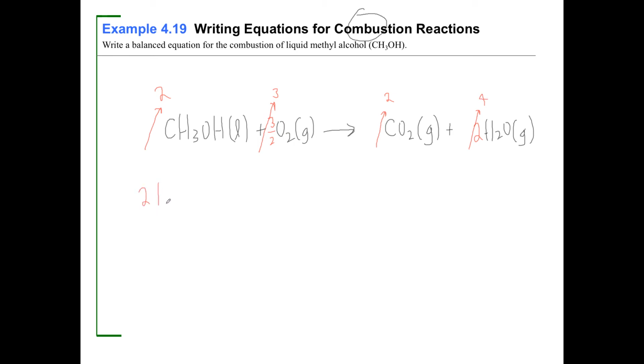So the answer: 2 moles of methanol, liquid, because it says liquid, plus 3 moles of oxygen gas, because it says combustion, right, produces 2 moles of carbon dioxide gas plus 4 moles of gaseous water, steam. All right.